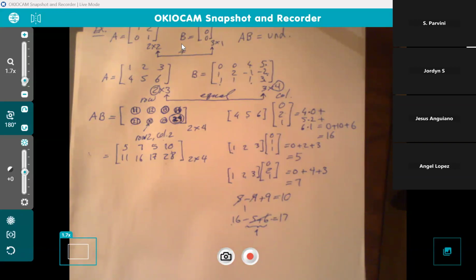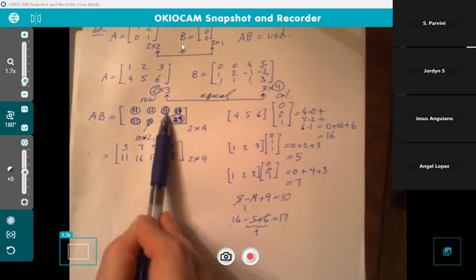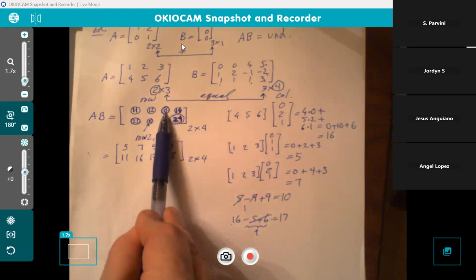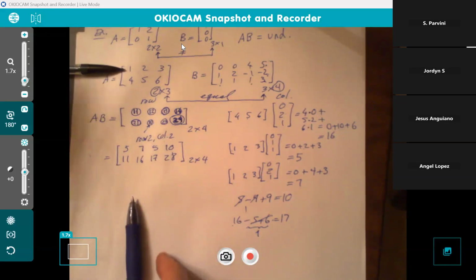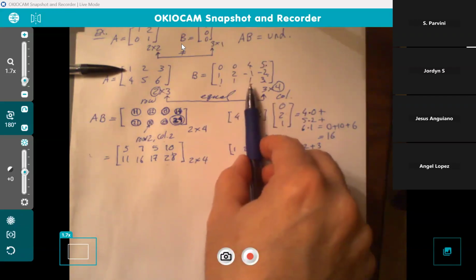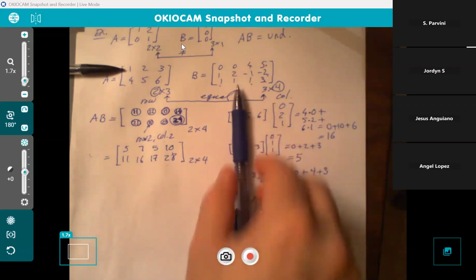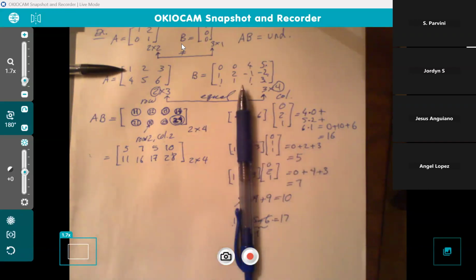Professor, for the element in the first row, third column, yeah, I got 6 for that one. Let's check it. First row, third column. Let's verify. Okay.